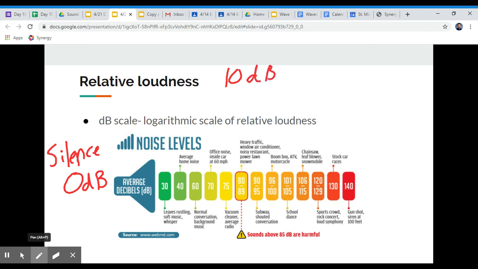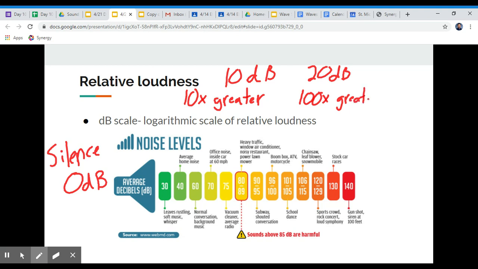10 decibels is going to be 10 times greater than near silence. And then I go to 20 decibels, and that's going to be 100 times greater than near silence. Then I go to 30 decibels.